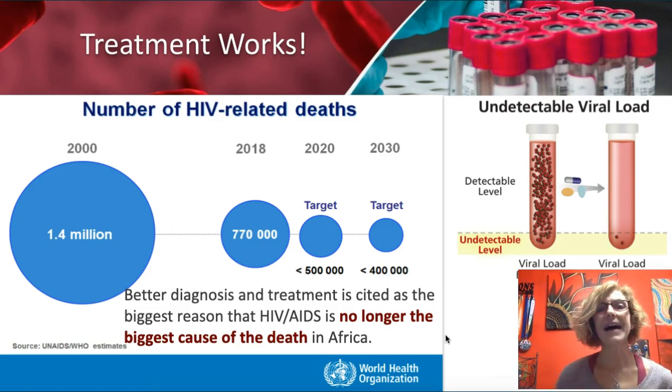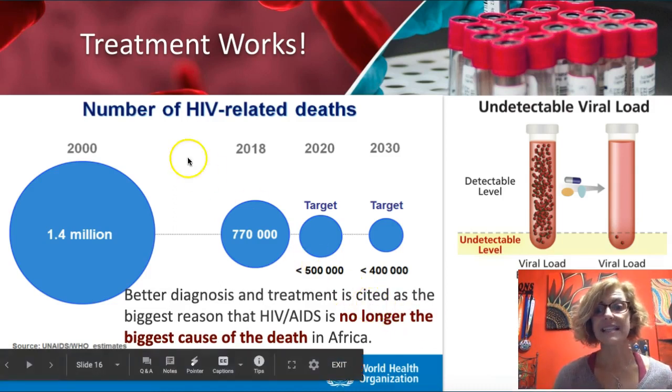Last year, less than a million. We had 770,000. So again, the target for 2030 is less than 400,000. With better diagnosis and increasingly better treatment, HIV/AIDS is no longer the biggest cause of death in Africa, which is where it was hit the largest.